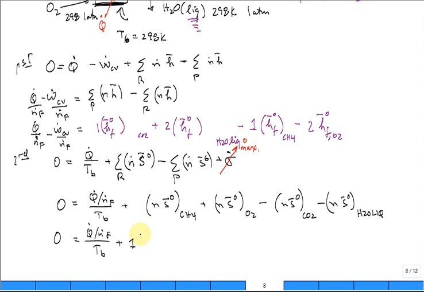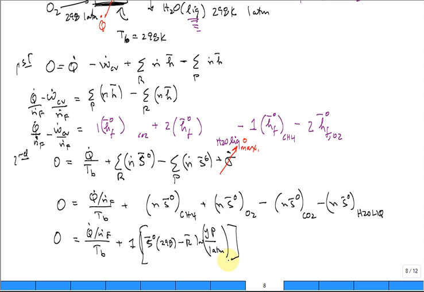Well, it's going to be S bar naught at the temperature that it comes in at. The temperature that it comes in at is 298, isn't it? Minus R bar natural log of the mole fraction of that stream that it comes in at, times the pressure of that stream that it comes in at, divided by 1 atm. That's our reference pressure.